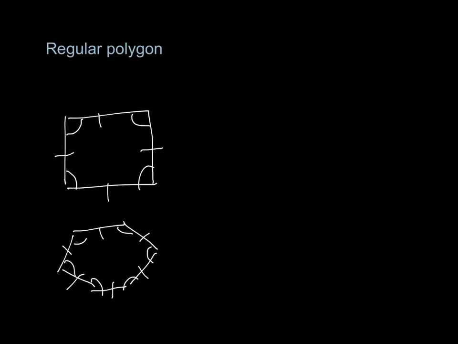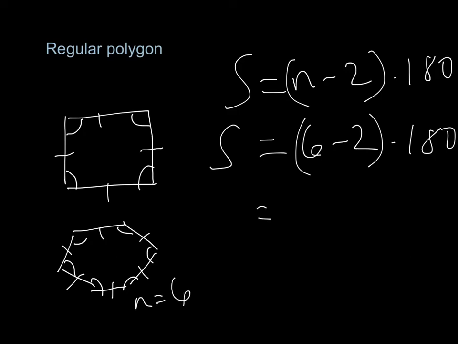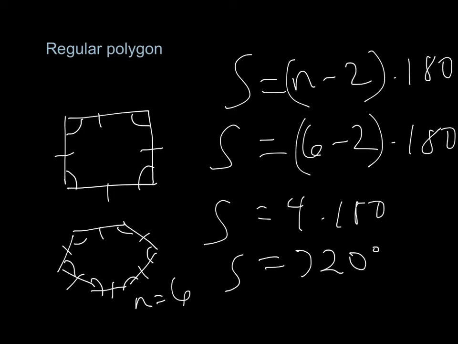Just pretend that all of these sides are congruent and all of the angle measures are congruent. If you have a regular hexagon and you need to find what each interior angle measure is, you can just go S equals n minus 2 times 180. The sum equals 6 minus 2 times 180, right? Because n in this case is 6, equals 4 times 180. S equals 720 degrees. All right, so that's the sum of the 6 angles.